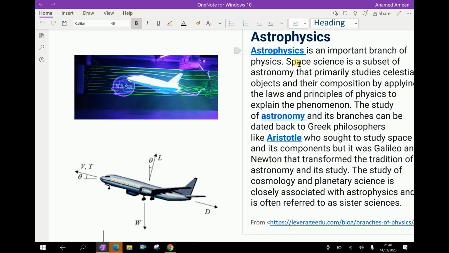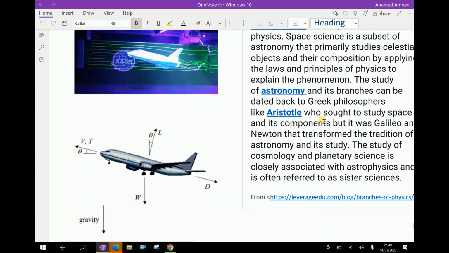Aerophysics. Aerophysics is an important branch of physics. Space science is a subset of astronomy that primarily studies celestial objects and their composition by applying the laws and principles of physics to explain the phenomena.